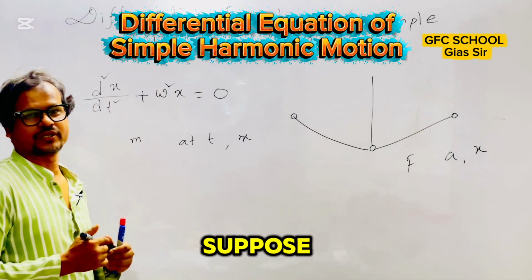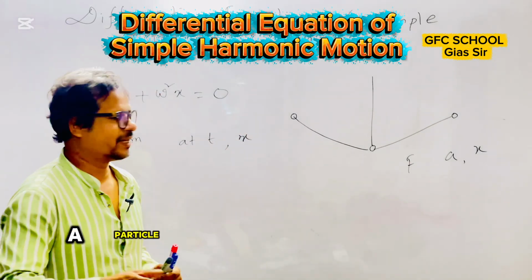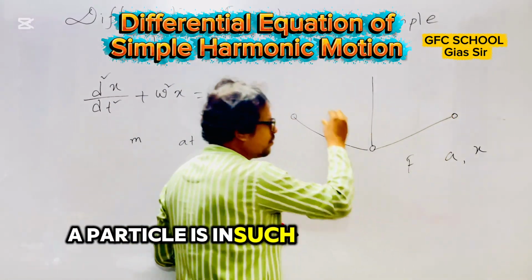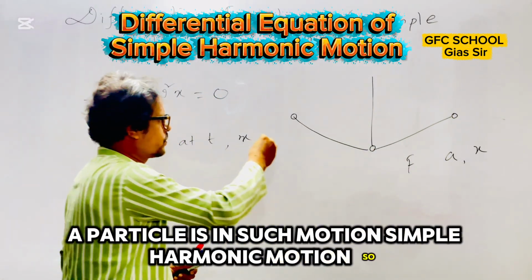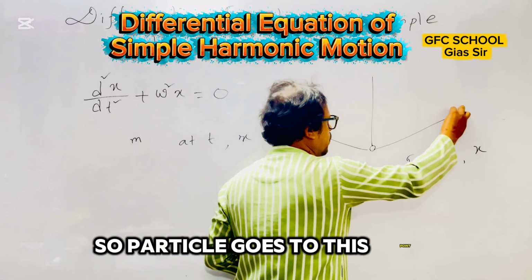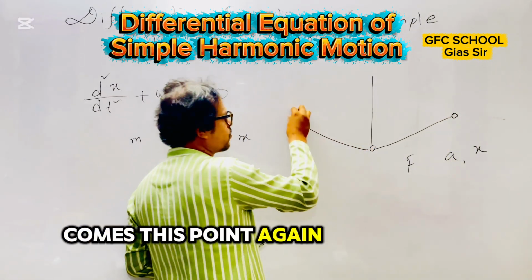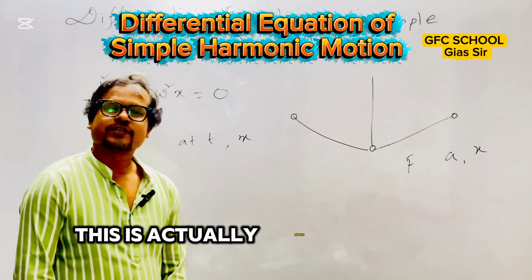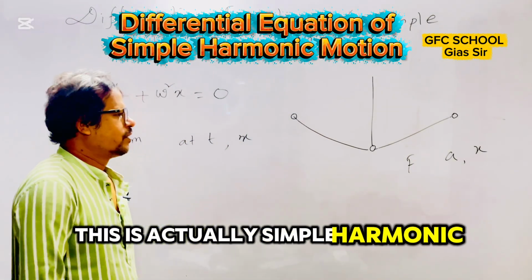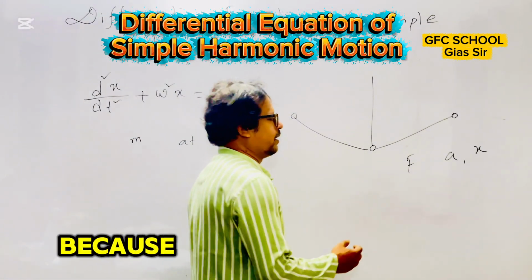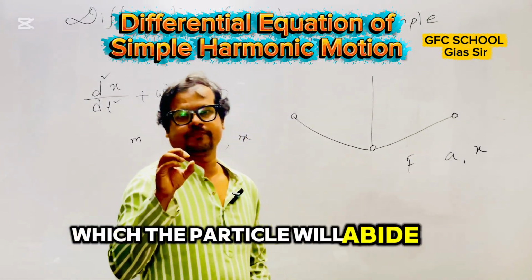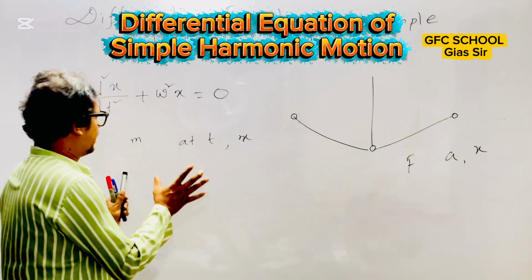A particle goes to this point, comes to this point, again goes to this point, comes back again. It is simple harmonic motion because there is some condition which the particle abides by.